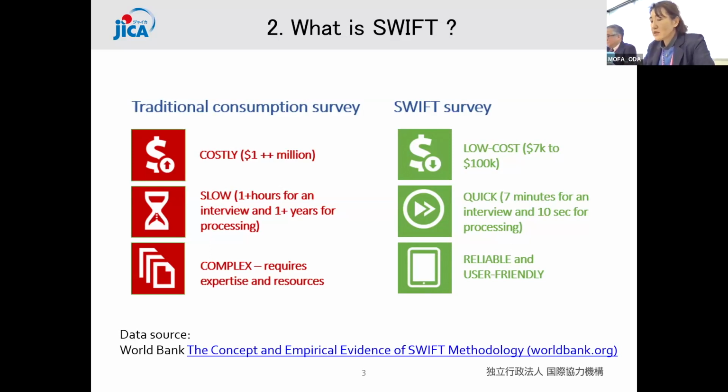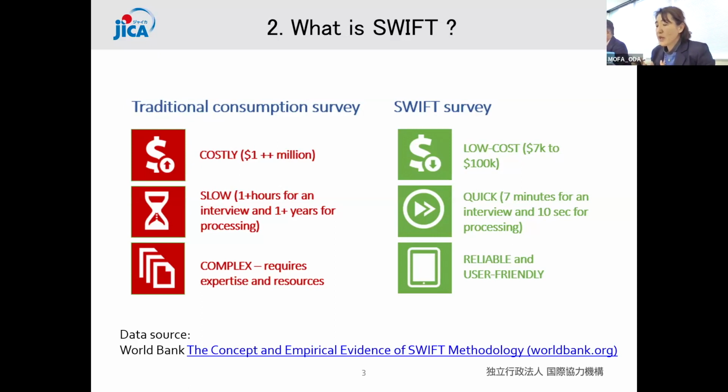On the other hand, the SWIFT survey is low-cost, face-to-face data collection using a mobile phone or computer-based tablet. So it's lower than the traditional consumption survey. And it is very easy to collect the data.